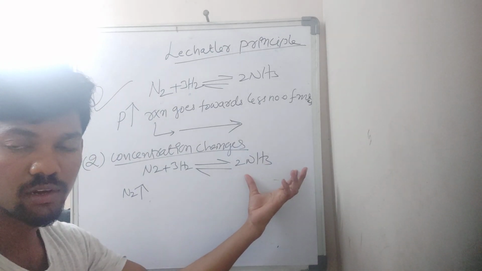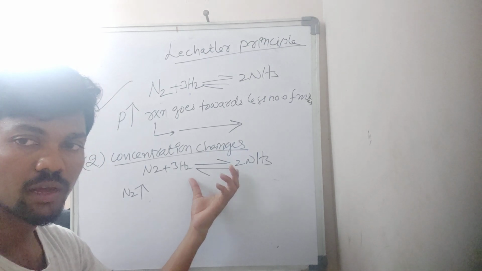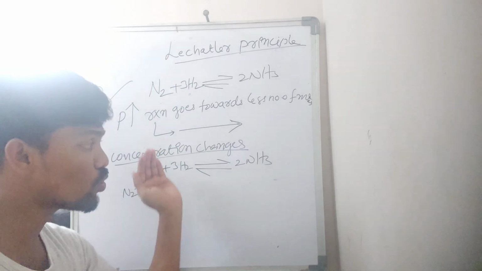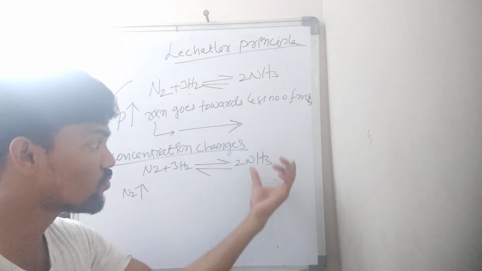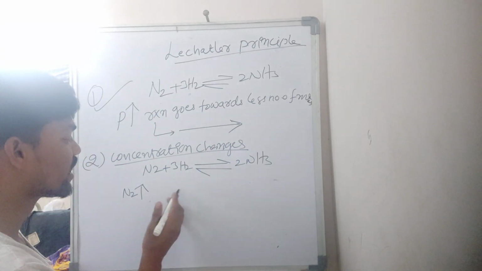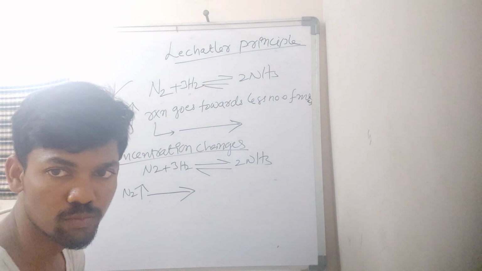To reach equilibrium, some of the concentration will go towards the forward direction and form product. By this, the equilibrium will be balanced. So finally, if N2 concentration increases, the forward reaction takes place.